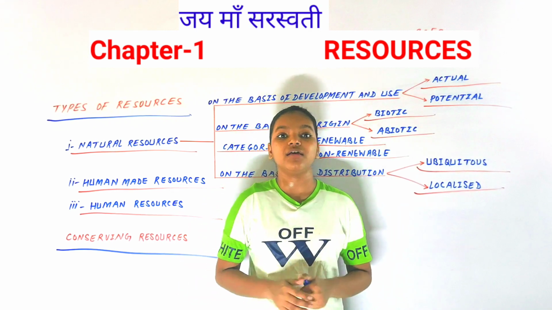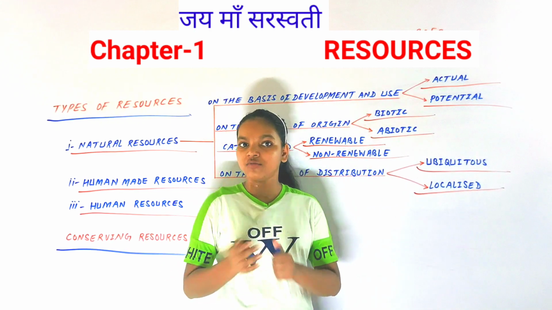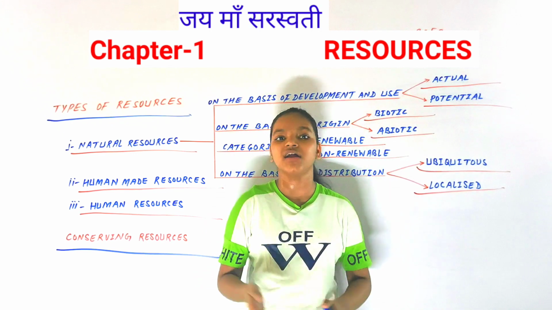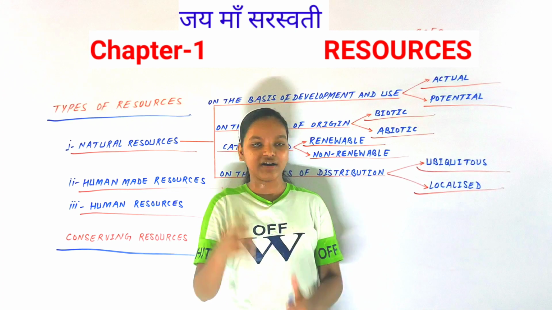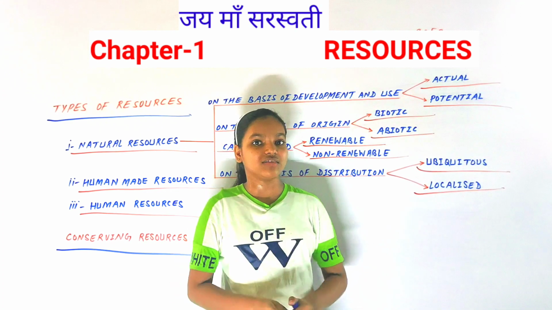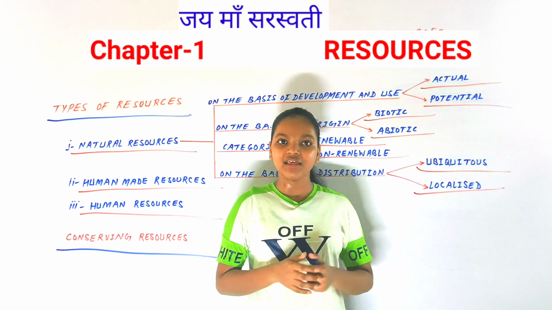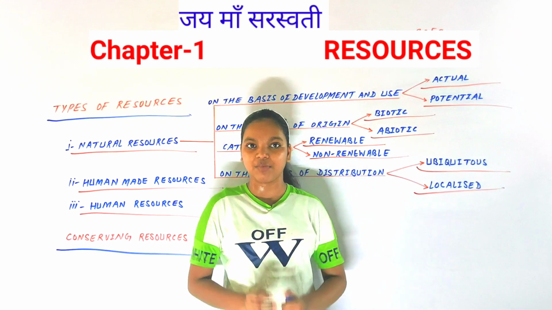We have to minimize the depletion of our environment, because you know that we humans are depleting it. These are some goals of sustainable development. There are many goals, but these are some important ones.